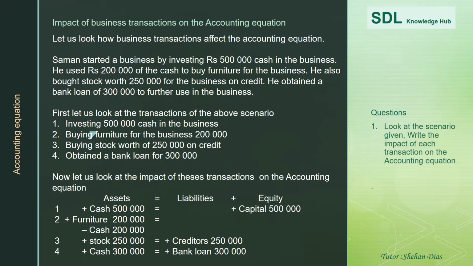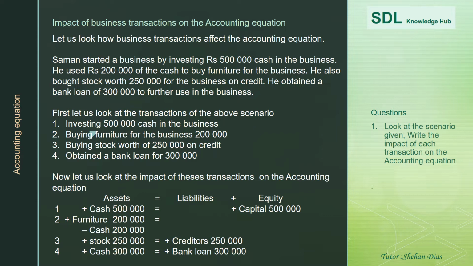Impact of business transactions on the accounting equation. So now we know the accounting equation: assets equals liabilities plus equity. Let's look at transactions and how they will affect the accounting equation.